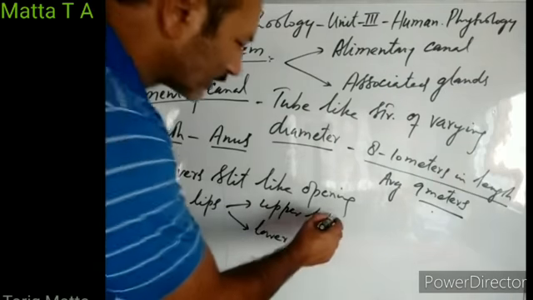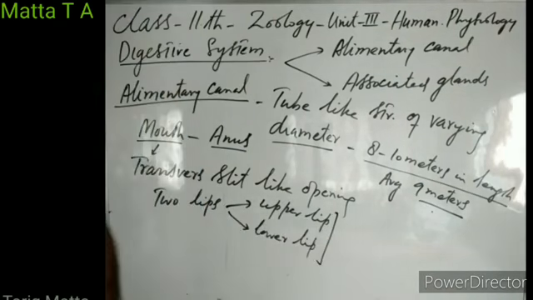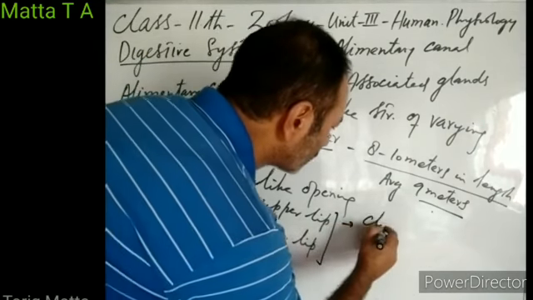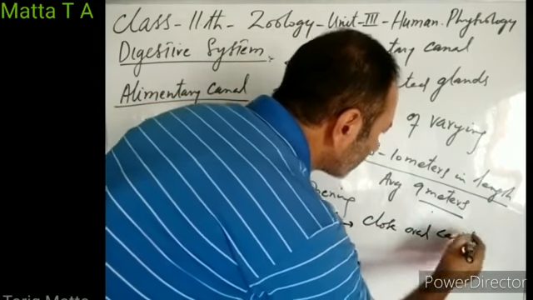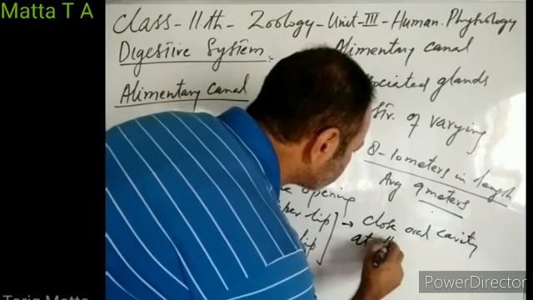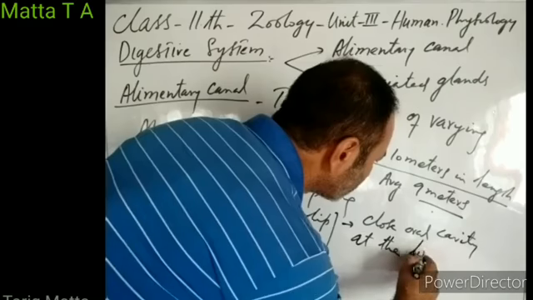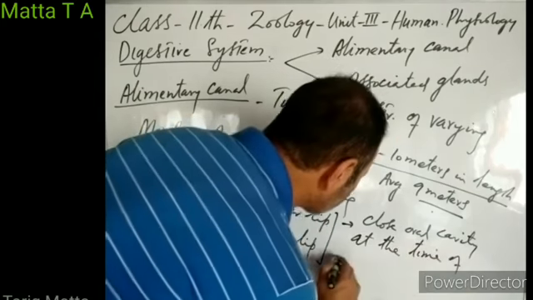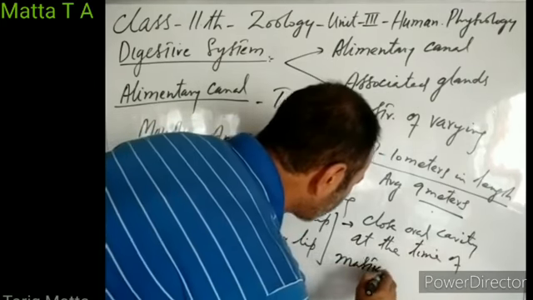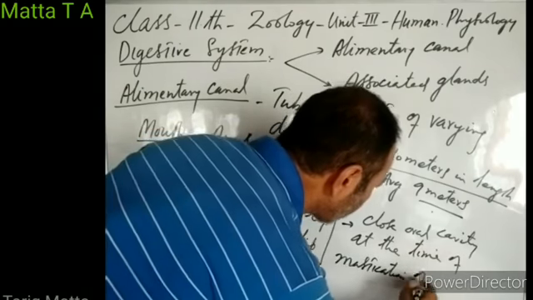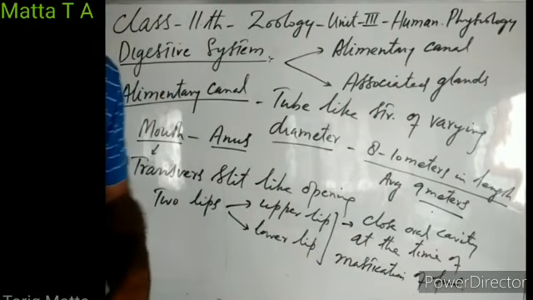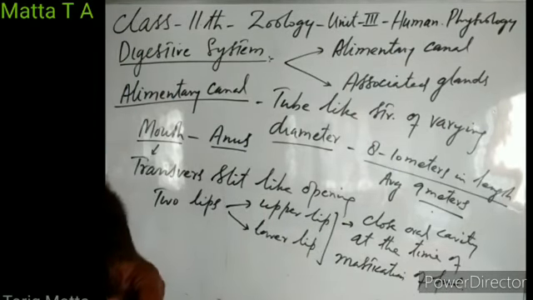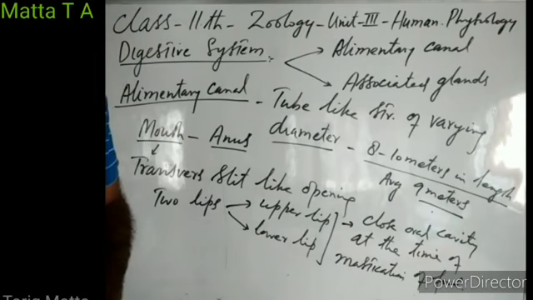What is the function of these lips? These lips close the oral cavity at the time of mastication of food. When we are masticating food, when we are chewing our food, we close the oral cavity with the help of our lips.